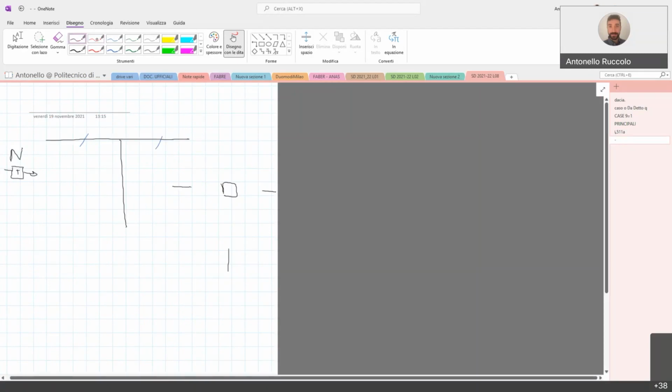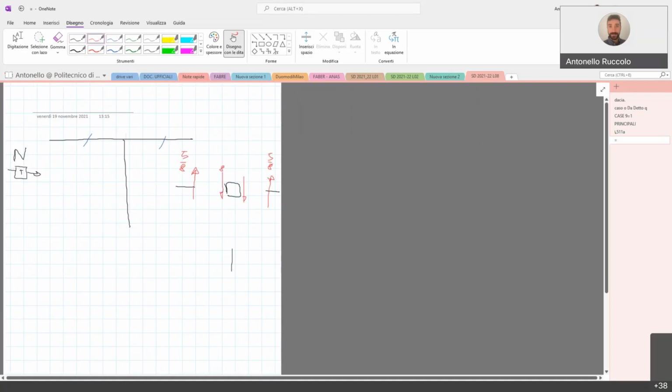Okay, we had 5/8 upward, 5/8 upward. It means that on the node, it is 5/8 downward. It means that what is the force that is exchanged between the beam B and the node B and the beam C?